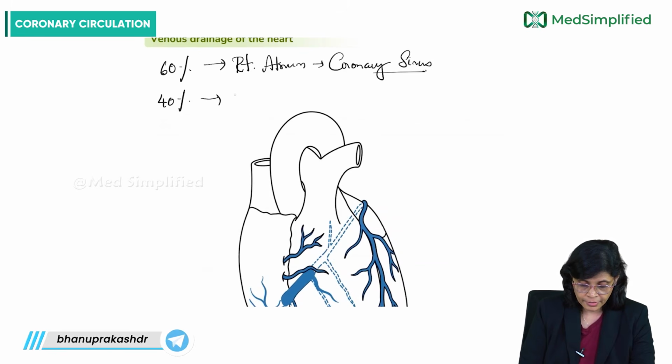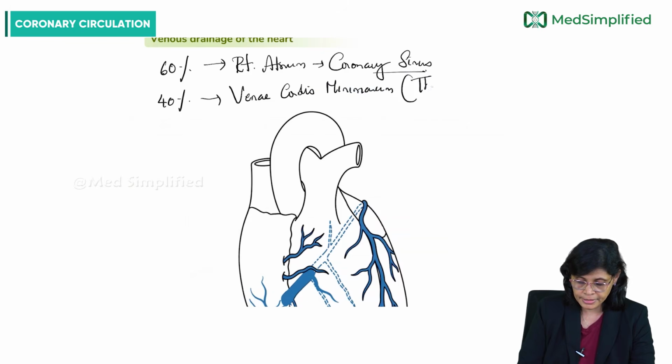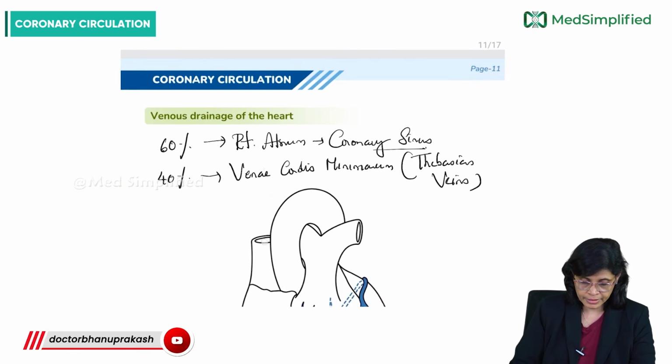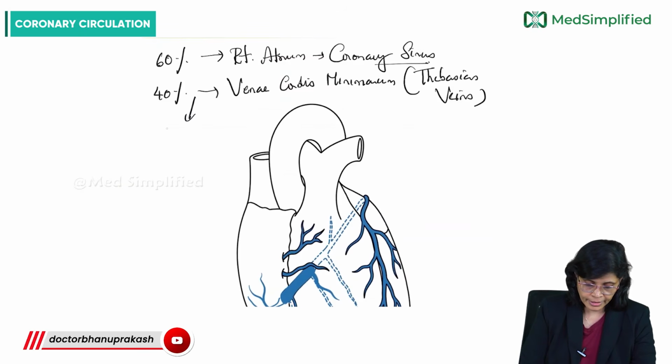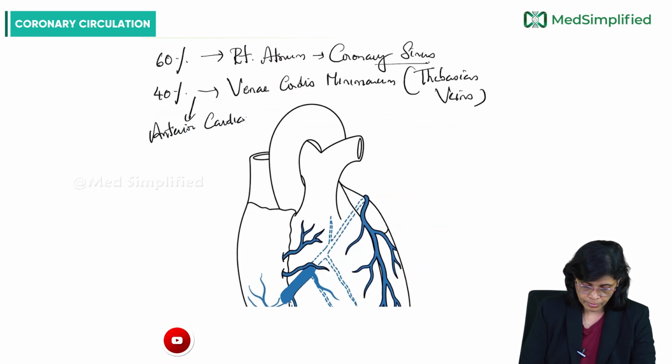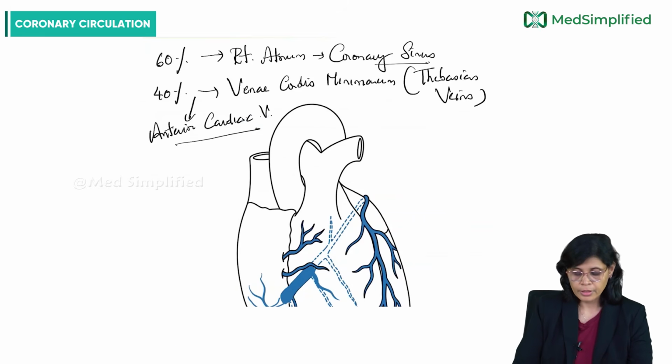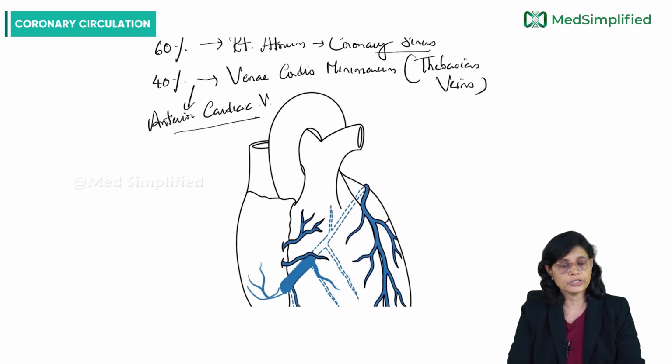One is the venae cordis minimae, which are also known as the Thebesian veins. Another is the anterior cardiac veins. So these are the veins which drain the heart.